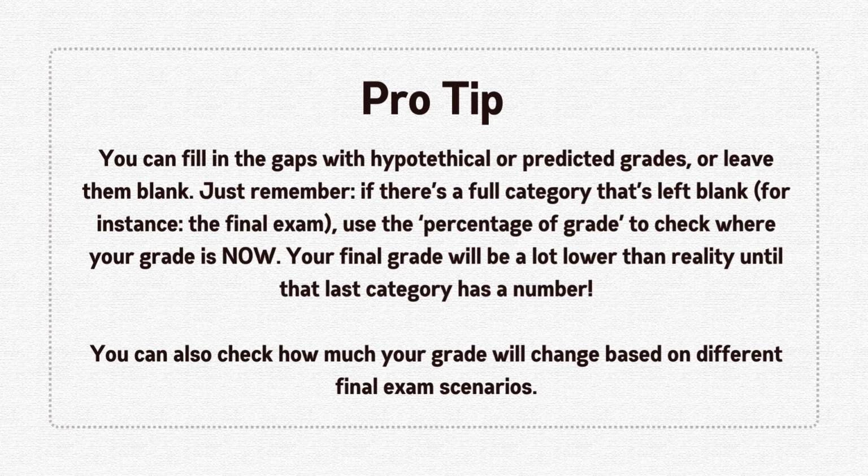So you can fill in these gaps with hypothetical or predicted grades, or you can leave them blank. But if you're trying to figure out how much your grade is going to change after the final exam or something, you can fill in hypothetical numbers for that final exam. And then see what the total final grade is based on whether you get a 50, whether you get a 0 because you just literally didn't go, whether you get 100, whether you get an 80, whatever it is.